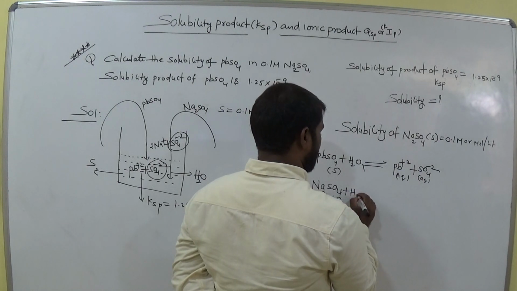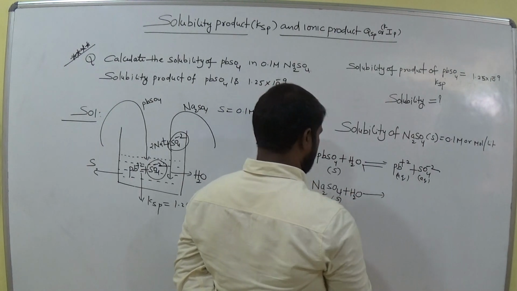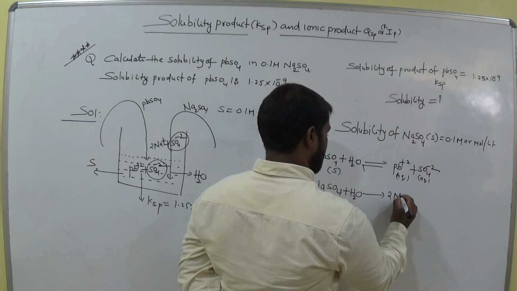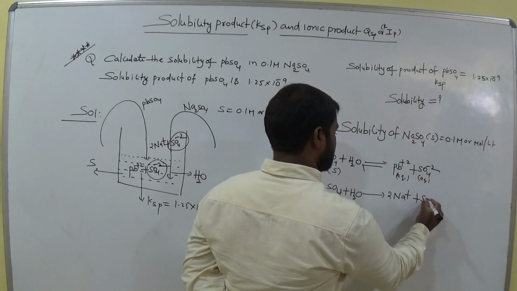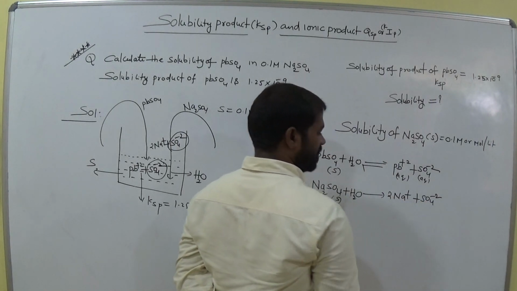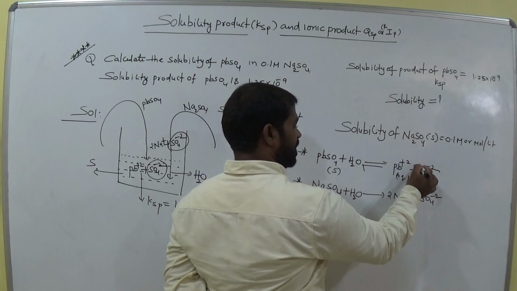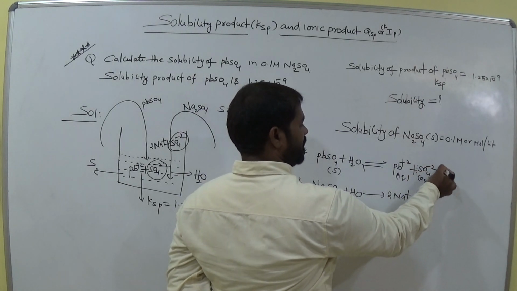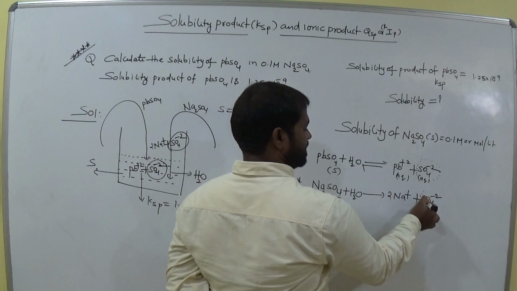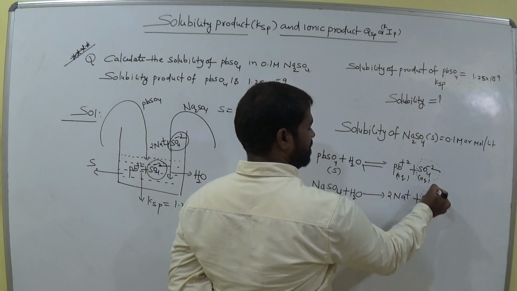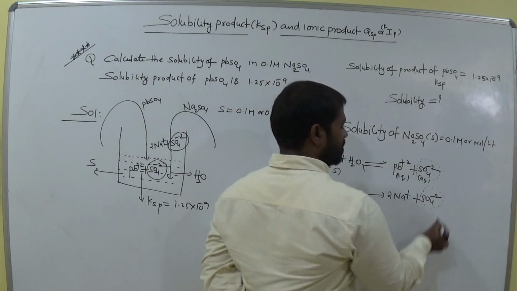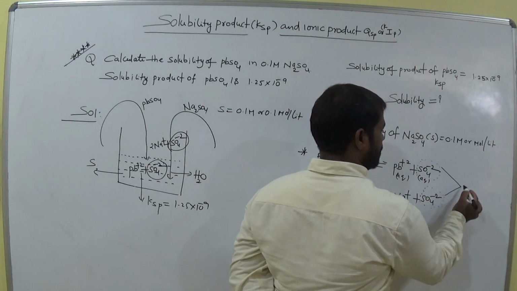When dissolved in water, what does it give? 2 moles of Na plus and SO4 minus 2. Now what is the common ion here? SO4 minus 2 is the common ion in both components. So this is the common ion.